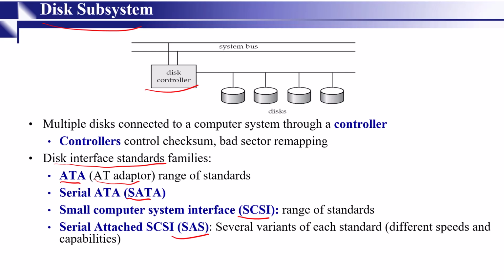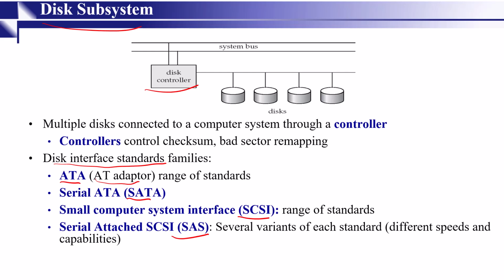Then we have SATA, serial ATA. It's a kind of evolution of ATA, and it offers faster data transfer speed and more efficient connectivity for modern systems. Then we have the small computer system interface, SCSI. This is another family of standards that supports a wide variety of devices, and it offers high performance and versatility.